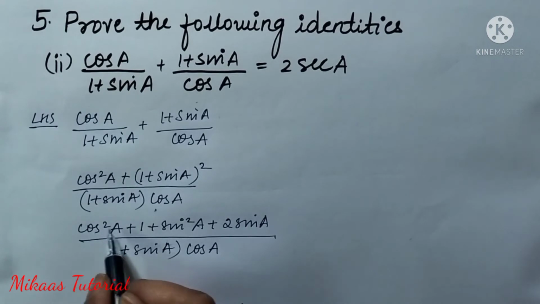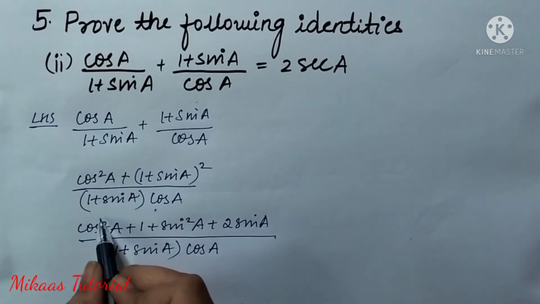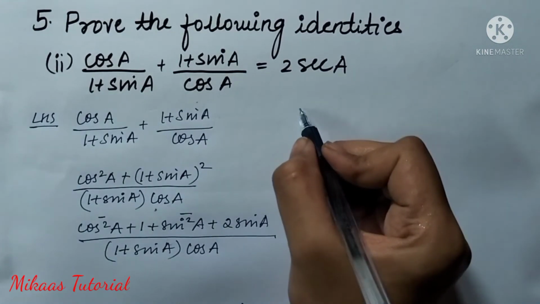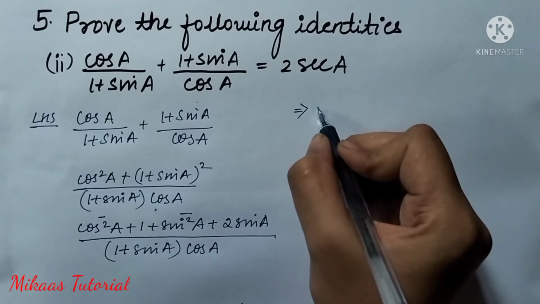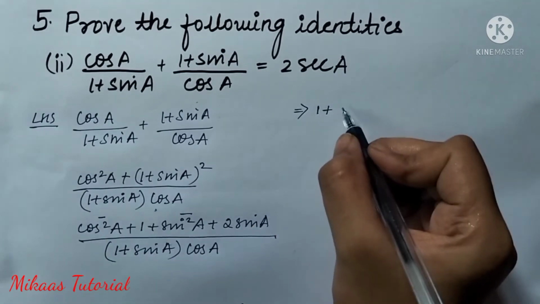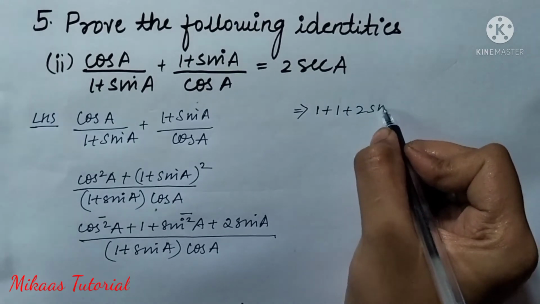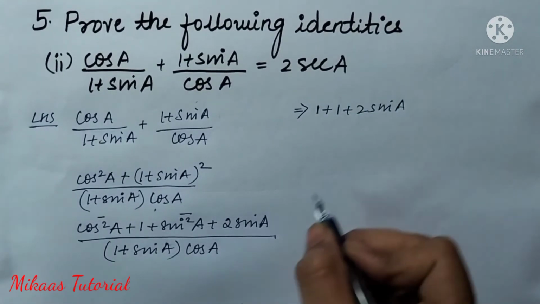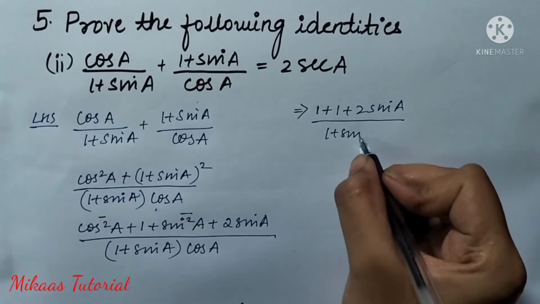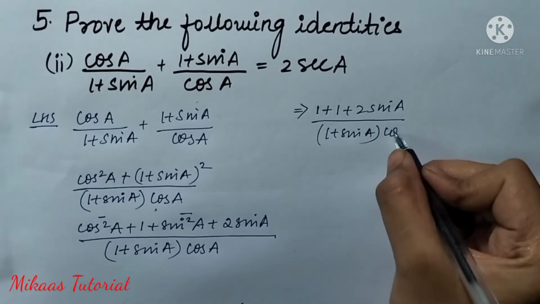So here you can see that cos square a plus sin square a we have here, which is equal to 1. Yes, you can use that formula here. So 1 plus cos square a plus sin square a is 1 plus 1, plus 2 sin a. 1 plus sin a is in the denominator, and cos a.